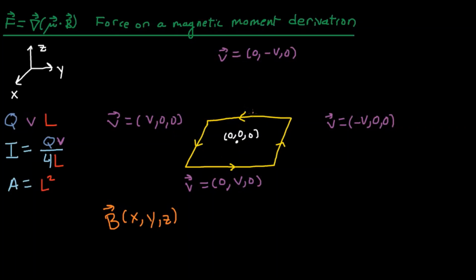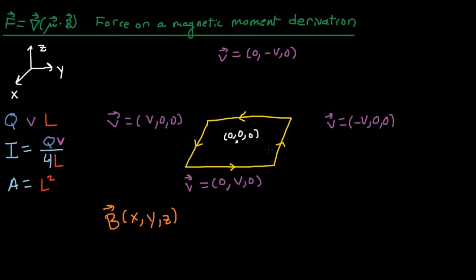We actually are only interested in this problem in the limit that this square becomes very small. So we're imagining that the length of this wire L is very small because eventually we're interested in an electron, and an electron is very small. So over the scale of the size of this wire, the magnetic field is varying, but not that much.